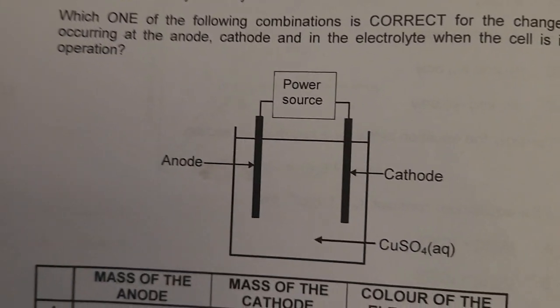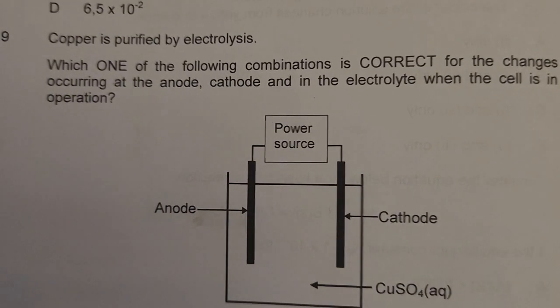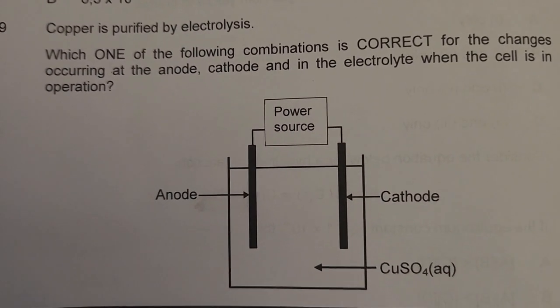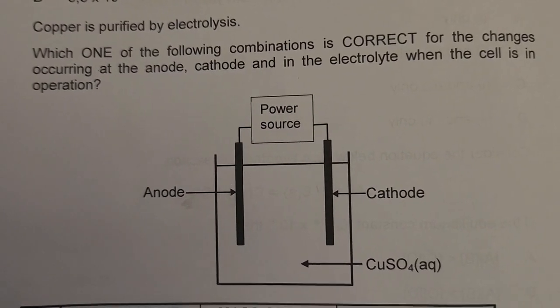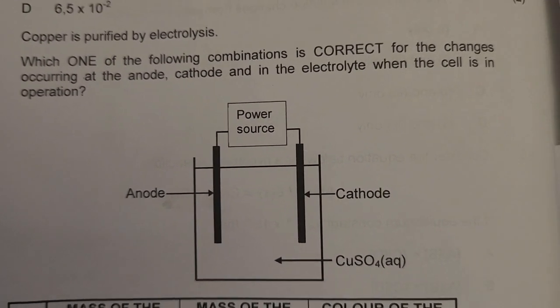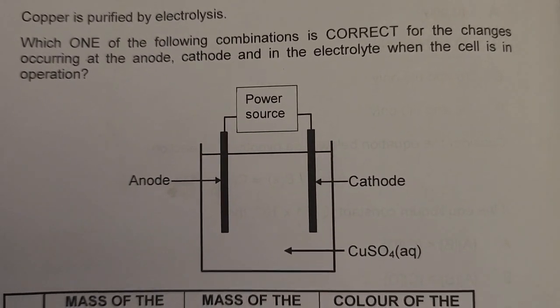Fine. We come to 1.9. Let's start with the statement. Copper is purified by electrolysis. Yes, which one of the following combination is correct for the changes occurring at the anode? Remember, the anode in the electrolysis is where reduction takes place.